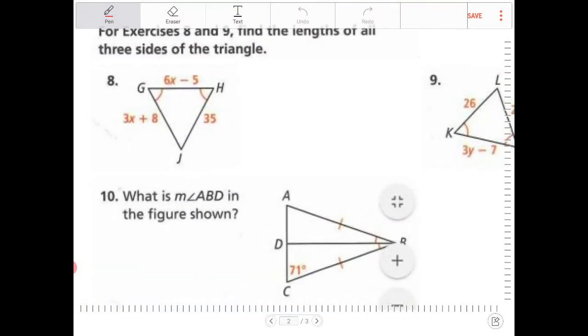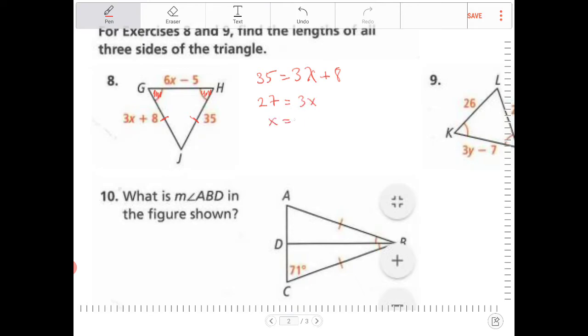Okay, so I'm given information about sides now. So if this is the case, these two angles are the same. That means these two sides are going to be the same. So 35 is equal to 3x plus 8. Subtract 8 from both sides. I end up with 27 is equal to 3x.